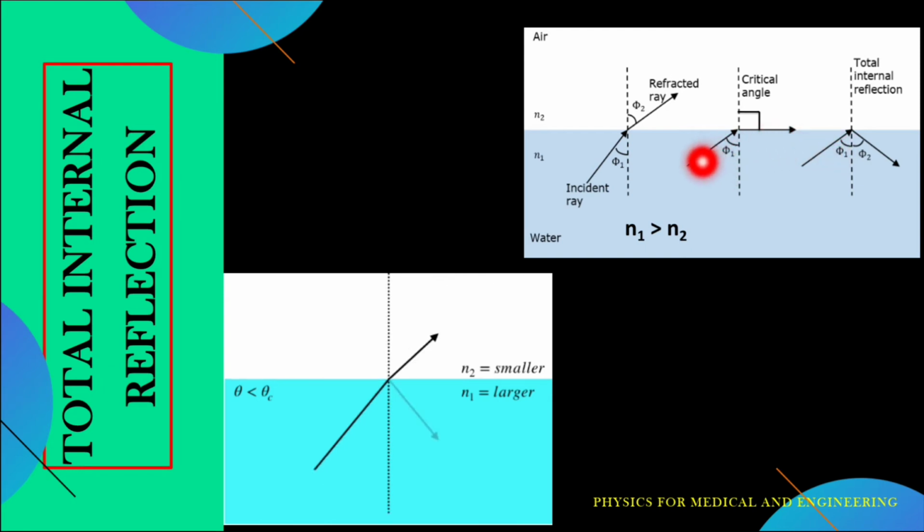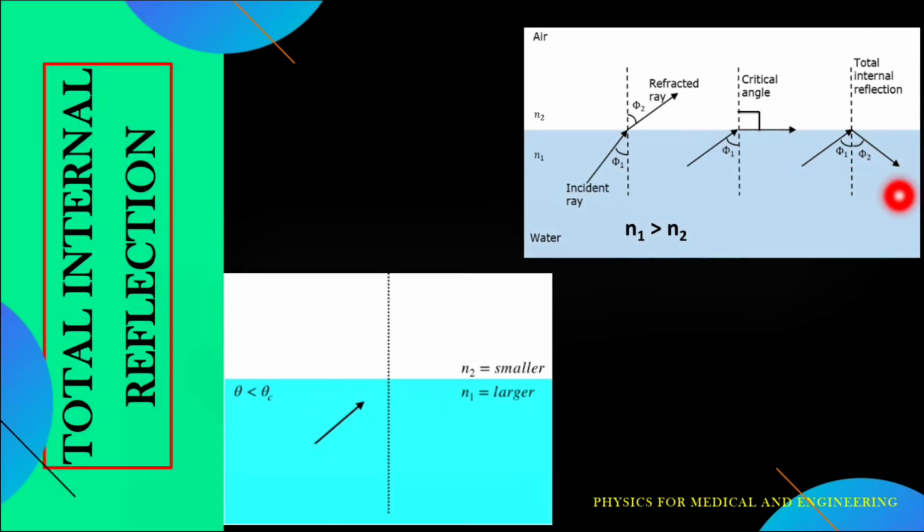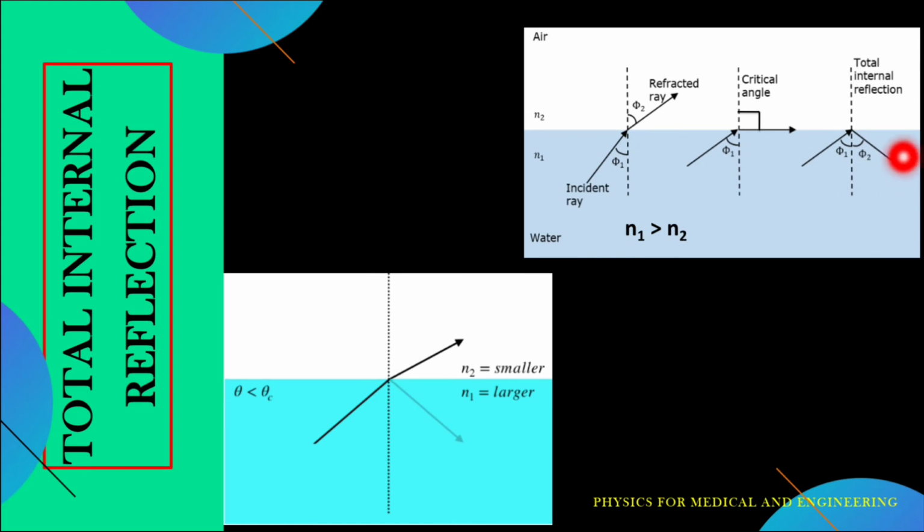This particular angle of incidence is called the critical angle. Here, the angle of refraction is 90 degrees. When the angle of incidence is greater than the critical angle, the incident ray is reflected back in the same medium. We call this phenomenon total internal reflection.